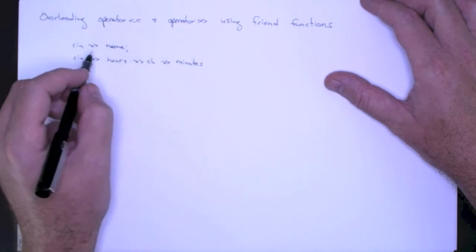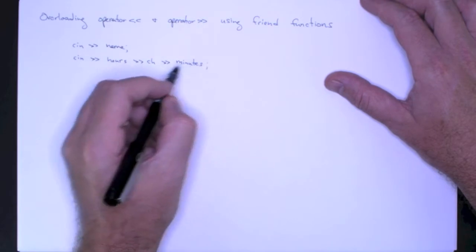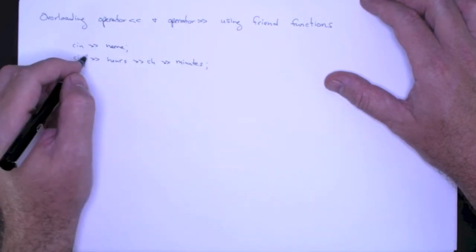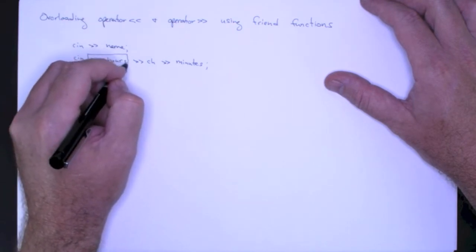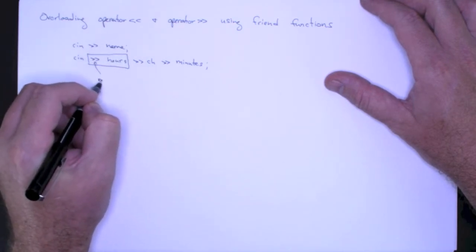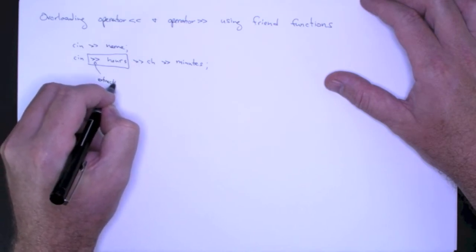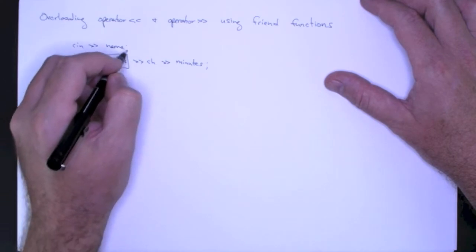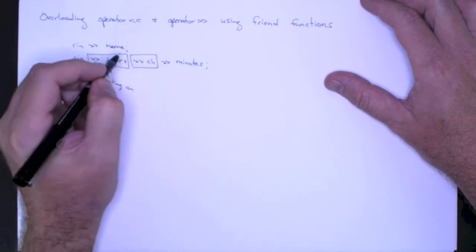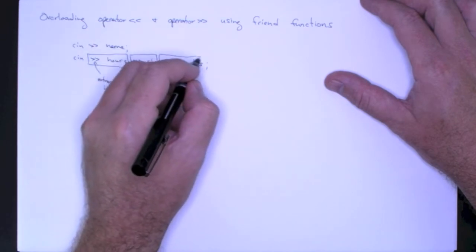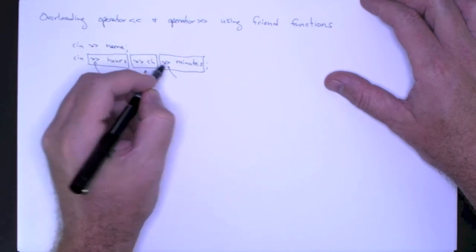And of course what I'm doing here is, first of all, I'm cascading these extractions, and I'm extracting different things. So here this operator is extracting an int, and this operator is extracting a character, and of course this one is extracting another integer.